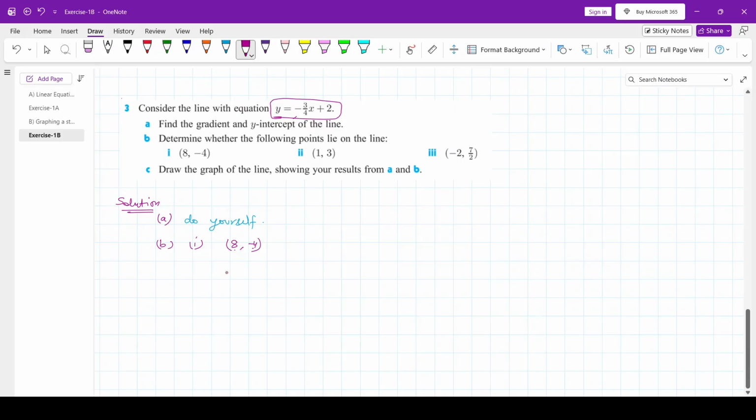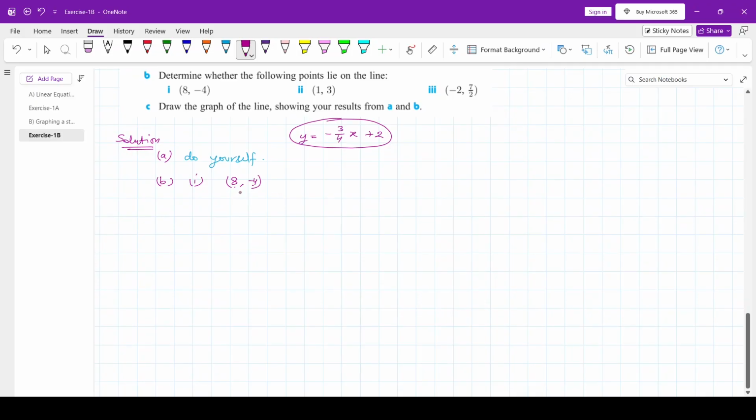Our equation is, let me write the equation again. The equation is y is equal to minus 3 by 4x plus 2. Now if we put this x and y in this equation, we get minus 3 by 4 into 8 plus 2, and this is equal to y. What is the value of y? Minus 4. So solving this, we get minus 6 plus 2.